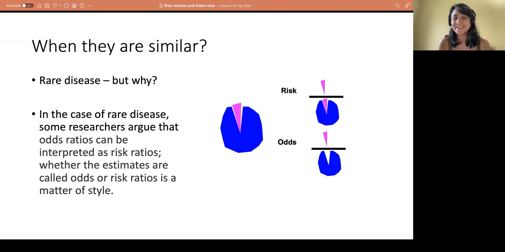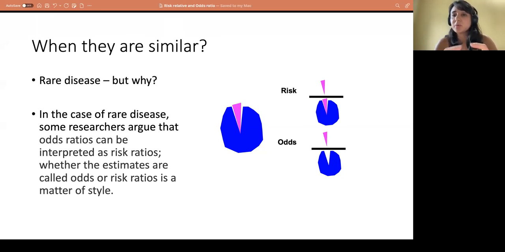In this graphic, this circle that I drew using Inkscape, a nice software, by the way, you are seeing the total population, in blue and pink. And the pink triangle is the population that developed the disease.